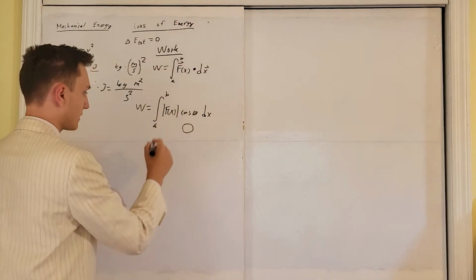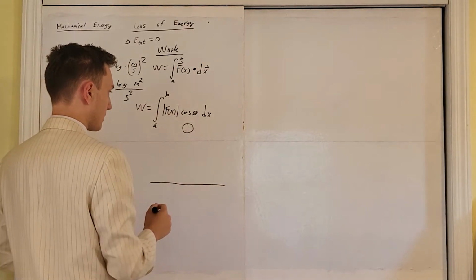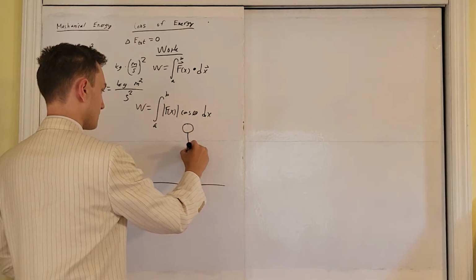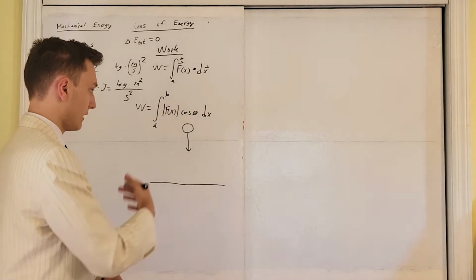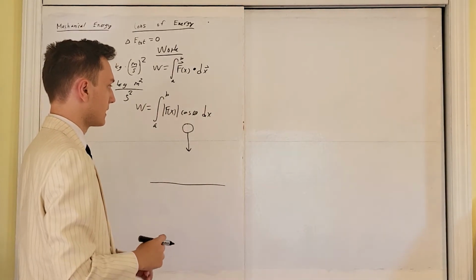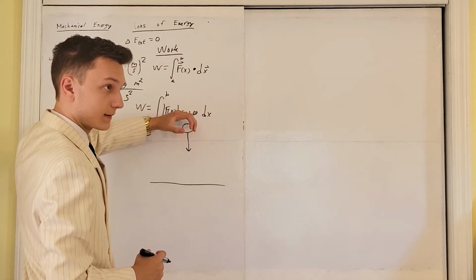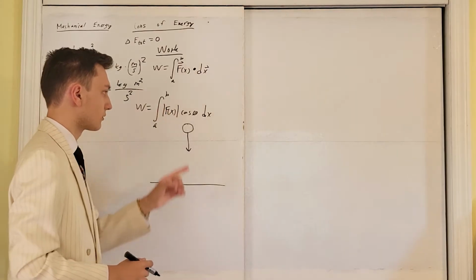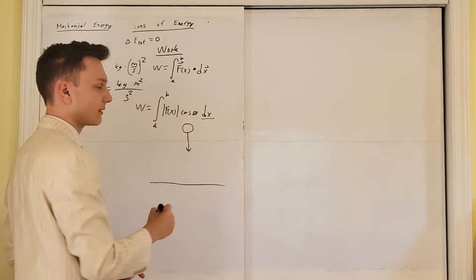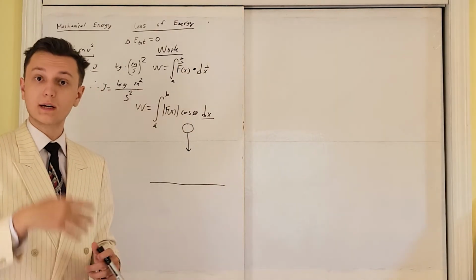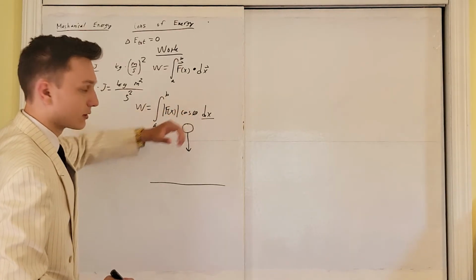If I'm holding a rock up here above the floor, and if I release that rock from rest, the gravitational force is now acting on the rock, okay? The gravitational force is acting on the rock, but during the point in time where I'm holding onto the rock, it isn't moving, okay? So that is an integral component to our work equation. There must be a dx, there must be a change in position, there must be a displacement in order for work to be done. So no work is done if the rock doesn't move.